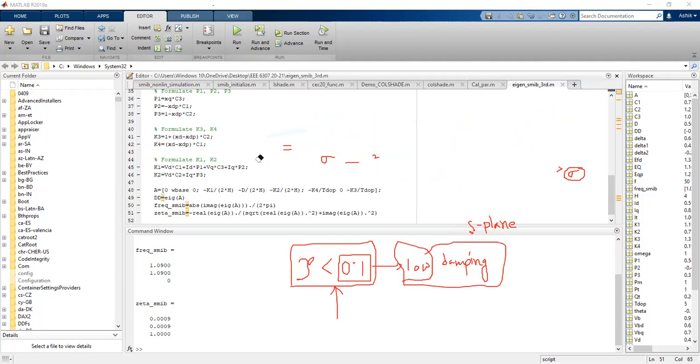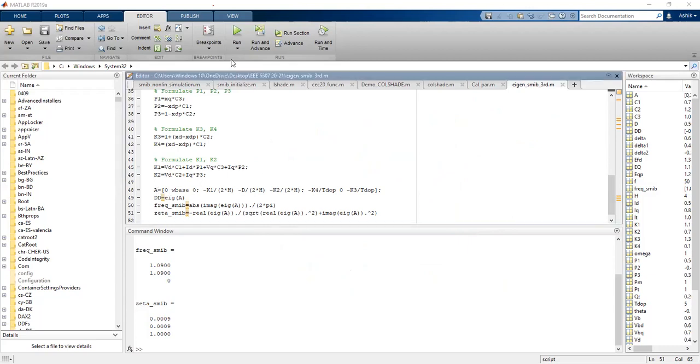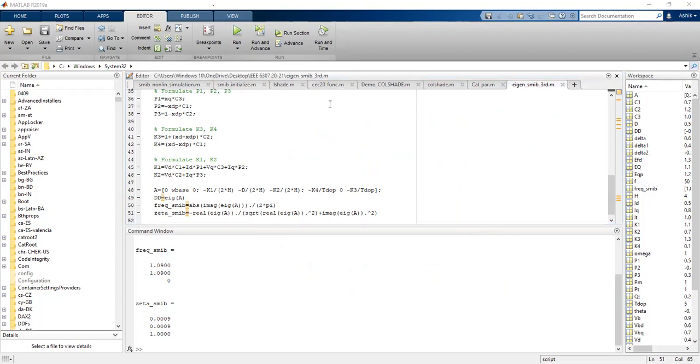So with this, now we have got some idea about the damping ratio, about the frequency of the system, about the low frequency oscillation problem, and whether the system is stable or not. We can simply check the eigenvalues of the system matrix A. Now the question is, we started from some nonlinear SMIB simulation.